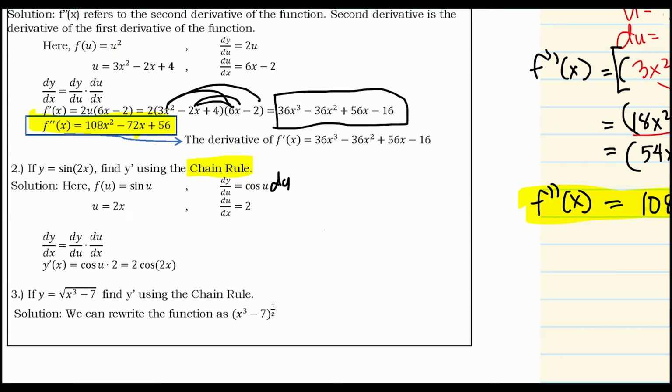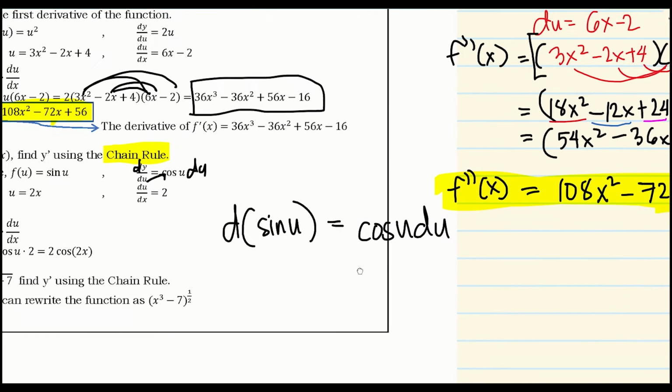If we derive the sine of u, we will always put here cosine u du. It is always mandatory to put it, but here, maybe because they put it in dy over du, they transfer du over here. For me, it's much better to always put du here. Never forget to put du because du will save your life.